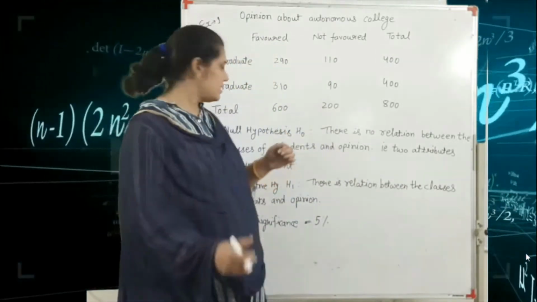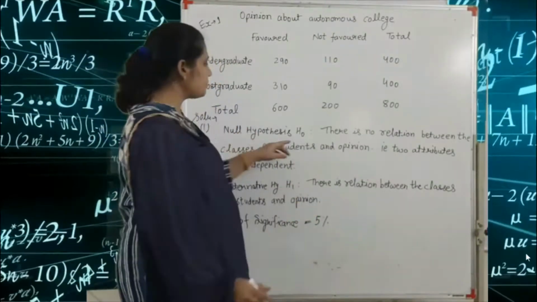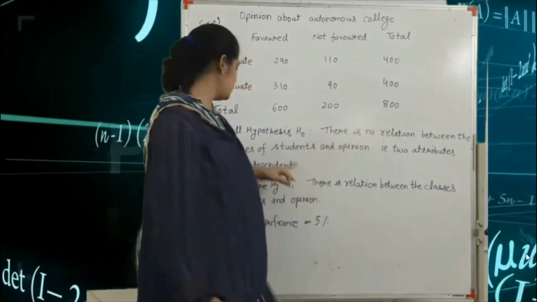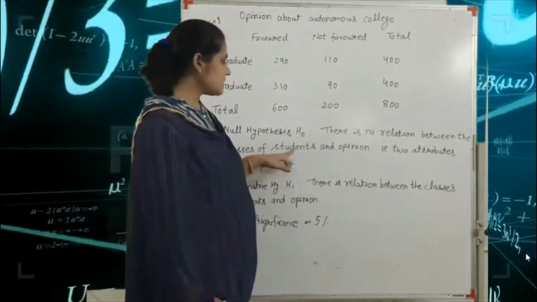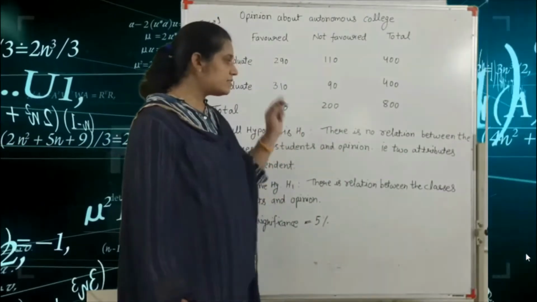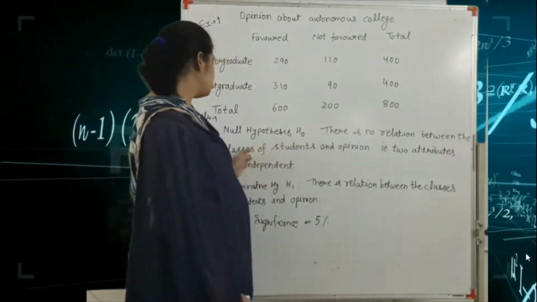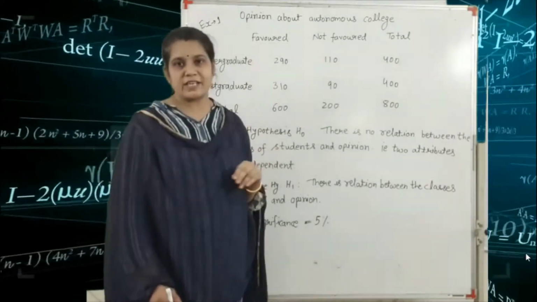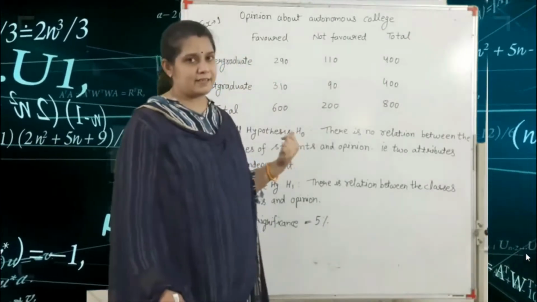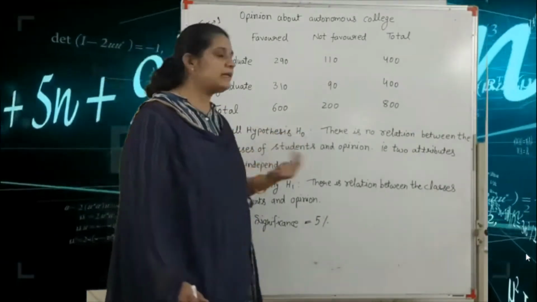So here the solution: first we write the null hypothesis. The null hypothesis, H naught, is that there is no relation between the classes of students and the opinion. That is, the two attributes are independent, because there is no relation between the classes of the students and their opinion. This question depends on the independence of attributes, so this is the claim that the two attributes are independent.